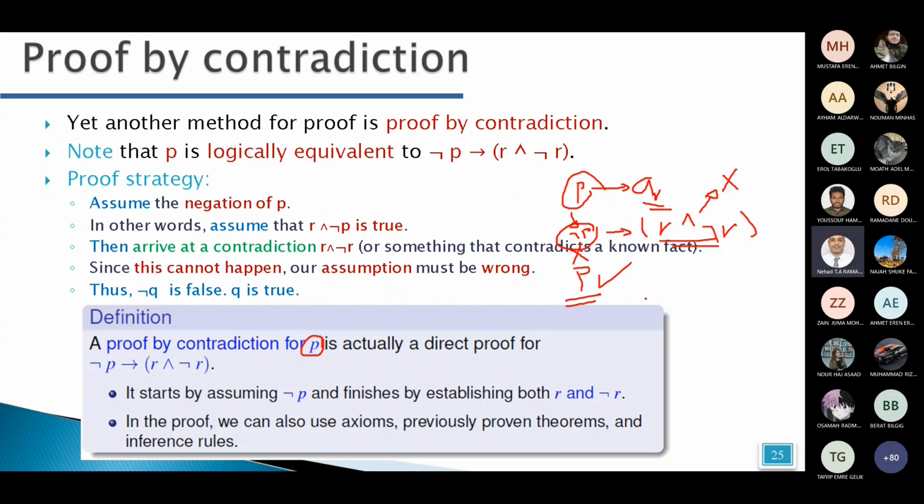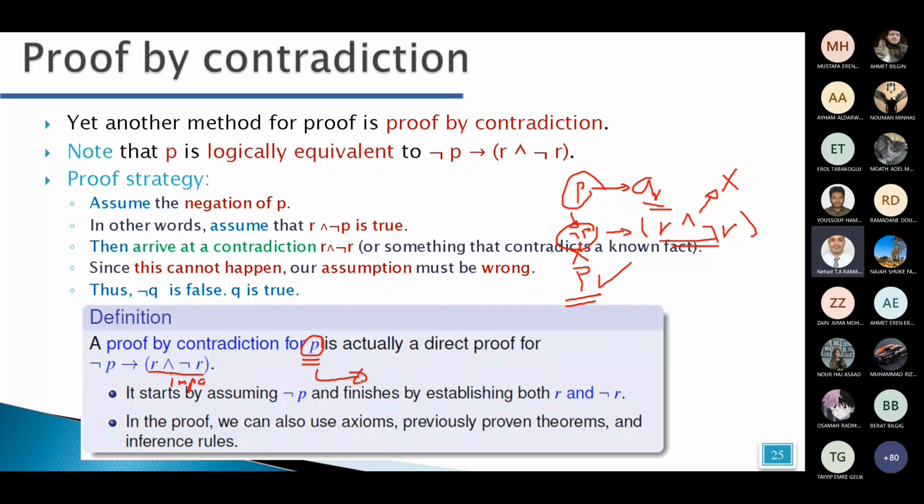If the negative of our assumption is not correct, this means our assumption is correct, because not of a not gives us the positive, the correct. This is the idea of contradiction. So in contradiction, we start with the negation of the assumption and reach something impossible.